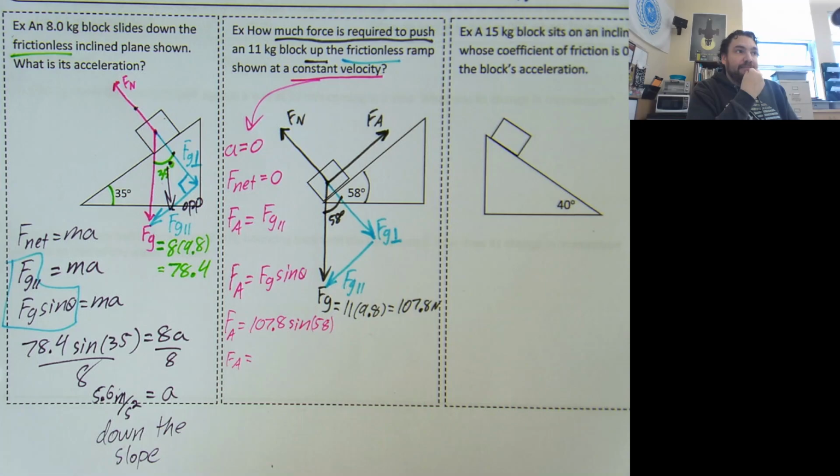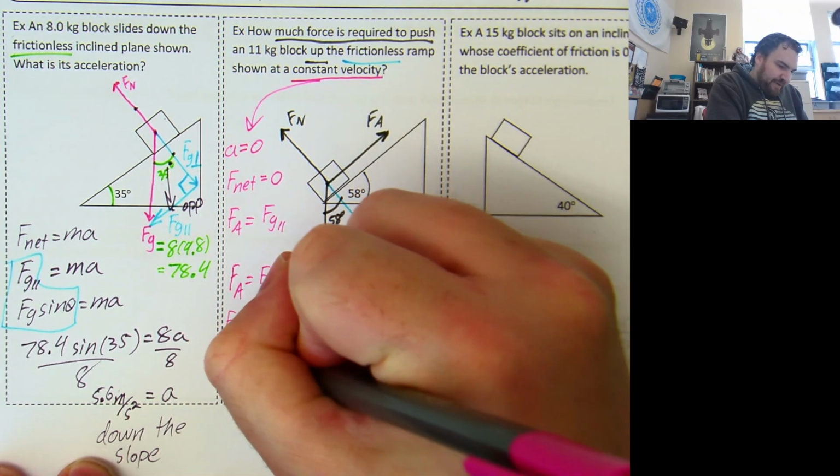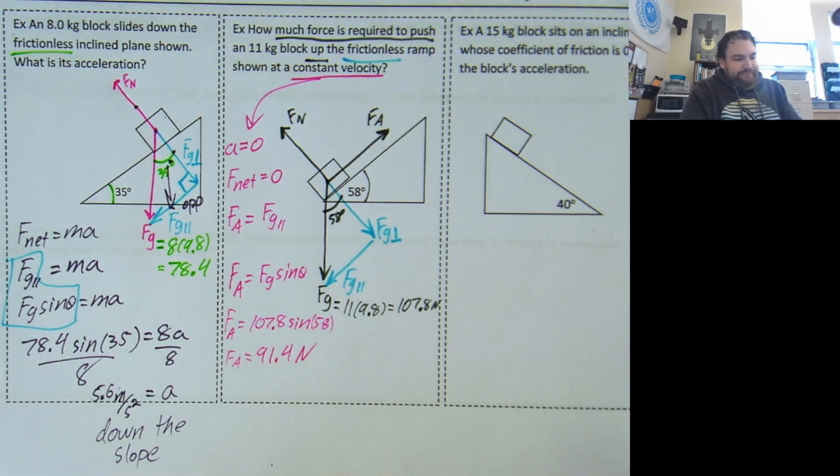Got a value, Cal? Really? It's different than what I got. It's close, but it's different. That's what I got. 91.4 newtons. There it is.